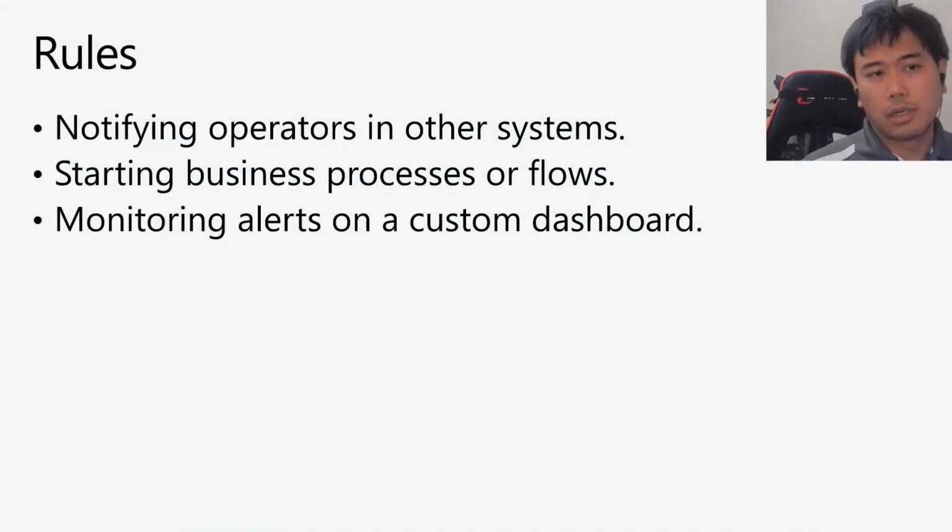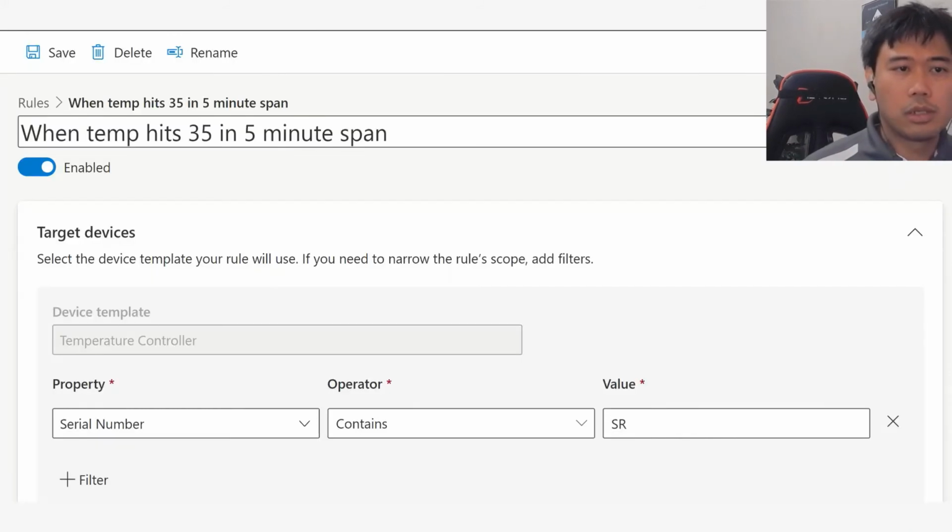So rules. Rules is when you want to notify operators or another system. This is when you start looking at the business process flow and monitoring the alerts on a custom dashboard. In this case, you can create a rule for when the temperature hits a certain level in a 5-minute span.